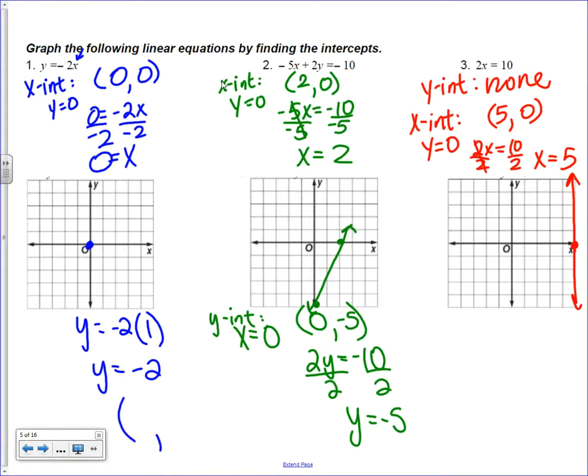Now, what did I plug in for the x? I plugged in a 1 for the x, didn't I? And what did I get for the y? So here's my other point. Where am I going to go? Over 1, down 2. Well done. Everybody good with this? Now I have my 2 points, and there's my line.